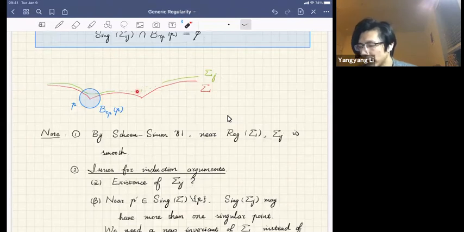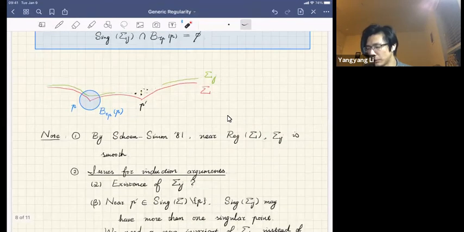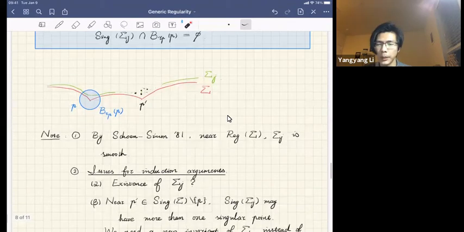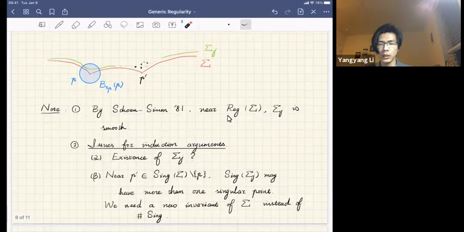So maybe we will see a bunch of singular points near this P prime, and then all of them converge to just one point. Multiple points converge to one point. So we could not do the induction on the number of the singular points. We need a new invariant of a given minimal hypersurface sigma instead of the number of singular points.